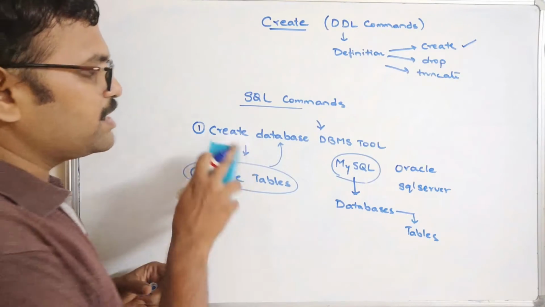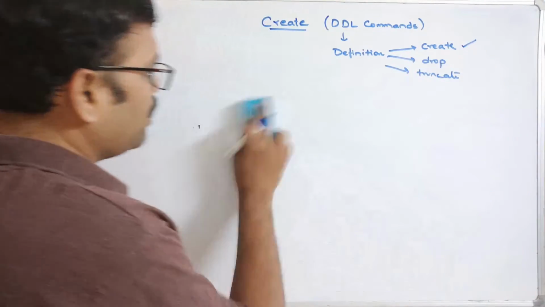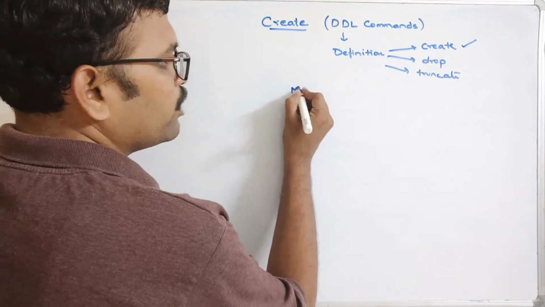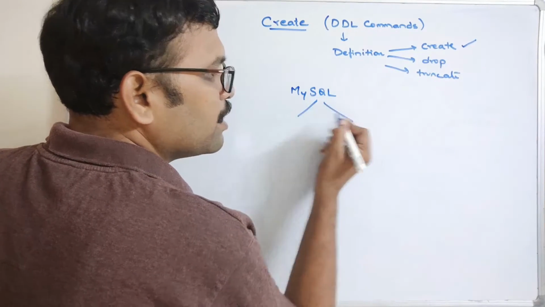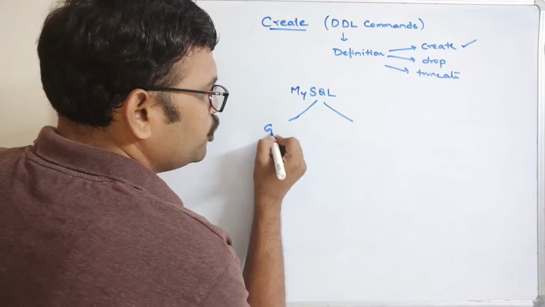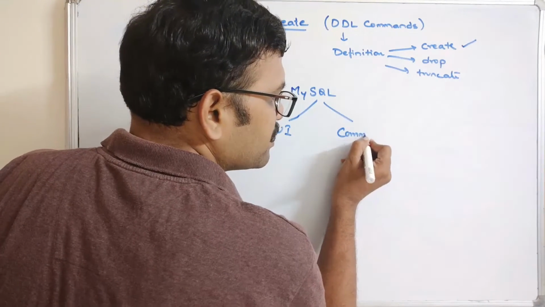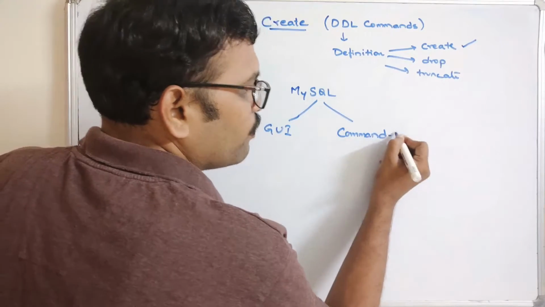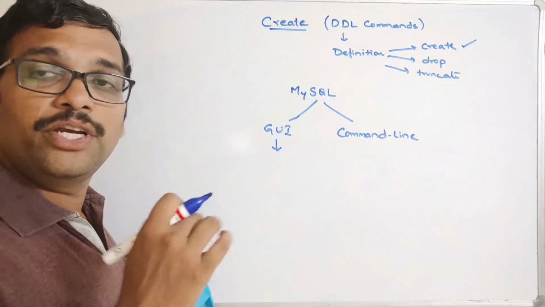Now first of all, let us see the syntax for creating the database. Here we have chosen MySQL as the DBMS tool. It comes in two different variations: one is the GUI, graphical user interface, and the other is the command line interface. What is the difference? In the GUI, you need not write the queries.